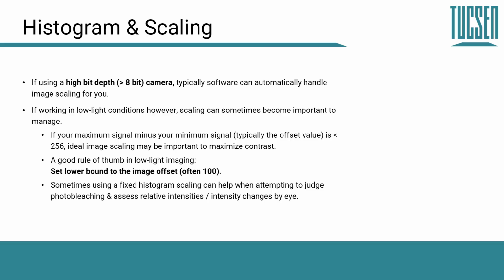If we want to avoid this kind of loss of information, we can fix the histogram scaling, and then if the image gets darker or brighter, we'll see it getting darker or brighter.